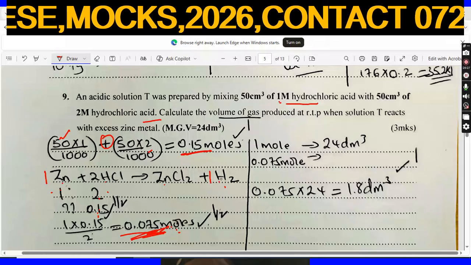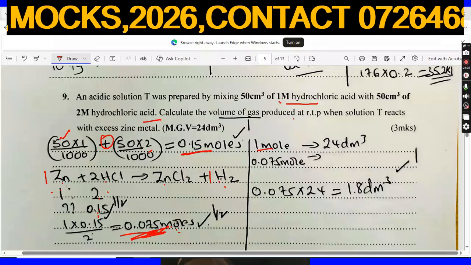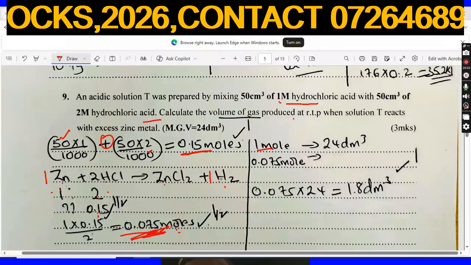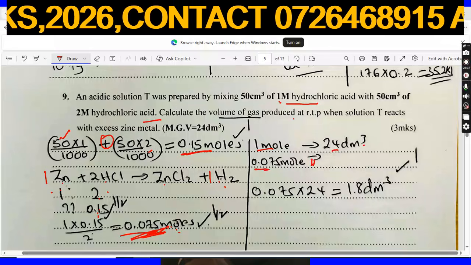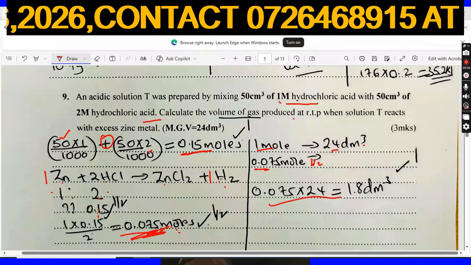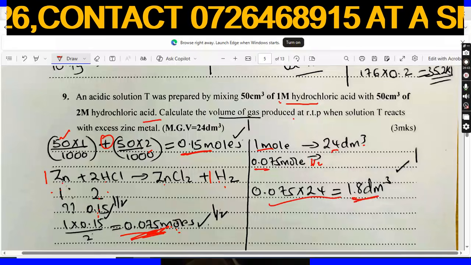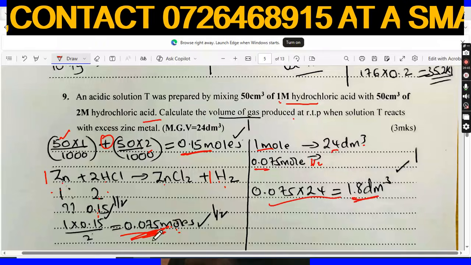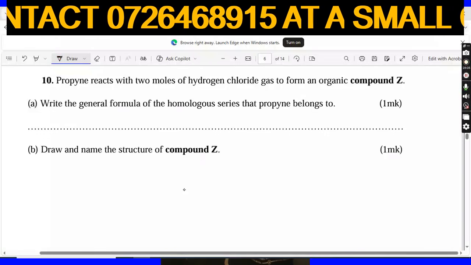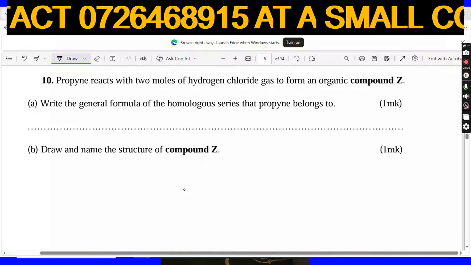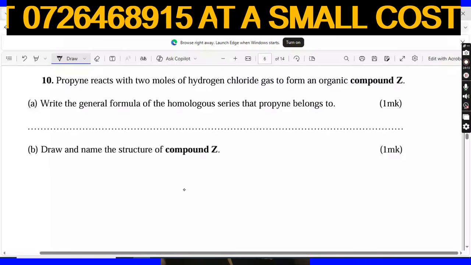The question was to calculate the volume of gas produced at room temperature. 1 mole of any gas at room temperature is 24 dm³. So this moles of hydrogen will be how many? That one will be 1.8 dm³.